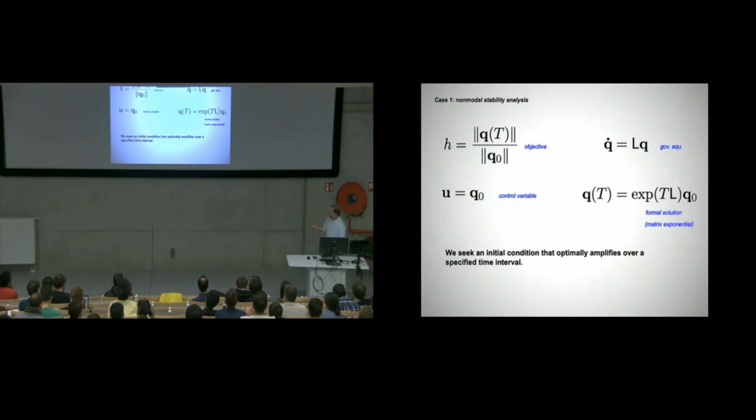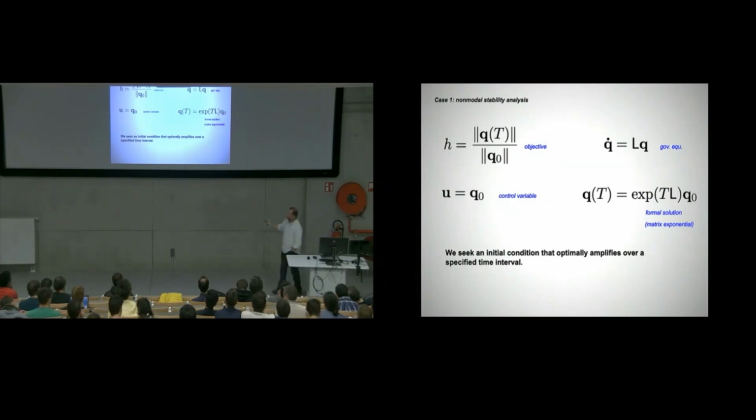So what we do is we seek an initial condition that optimally amplifies over a specified time interval. That's like a stability analysis, but certainly not in the Lyapunov sense, because we have a finite time interval, and we want to see how bad can it get over that time interval. If you take that time interval t and take it to infinity, yes, you would recover the Lyapunov stability.